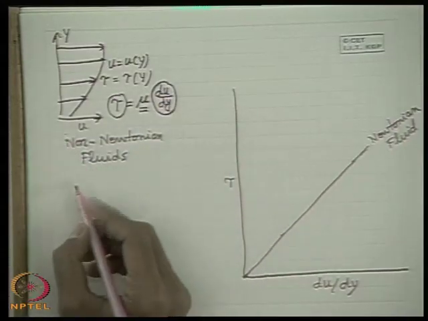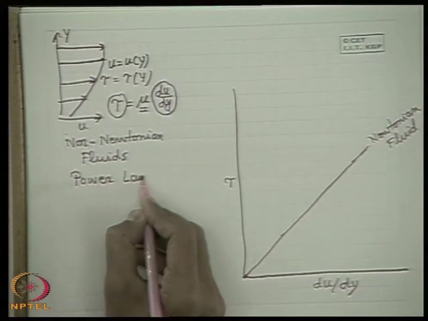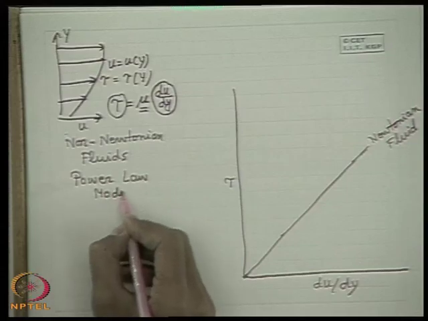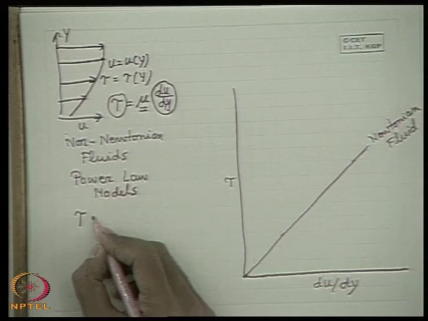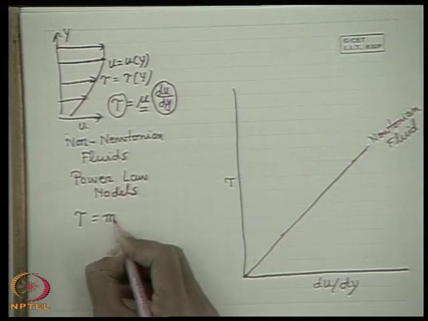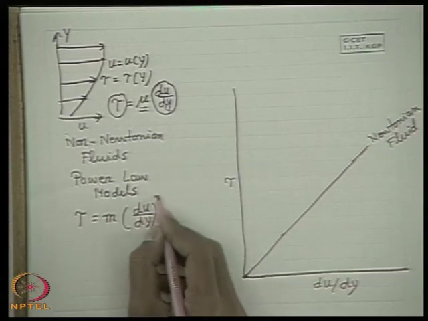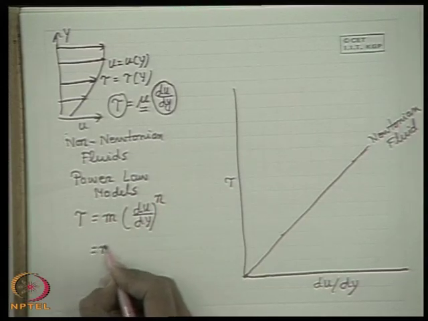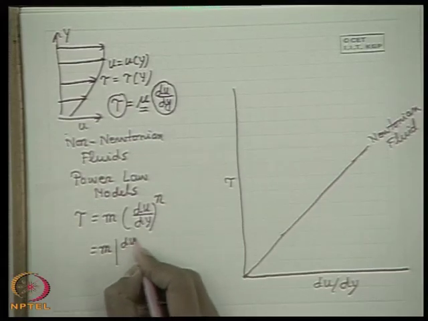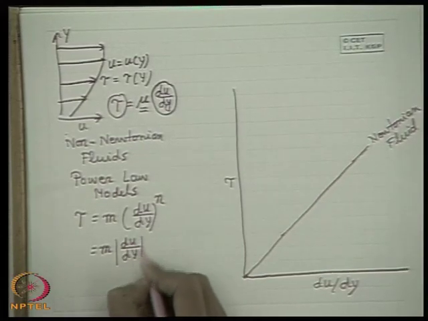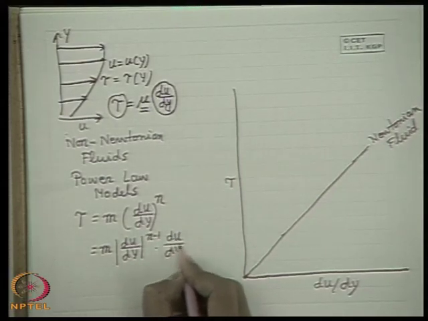So we discussed a very simple power law model for a class of fluids, in which the relationship between tau and du/dy bears a power law type relation, that means m into (du/dy) to the power n, or we expressed it a little differently: m into |du/dy| to the power n minus 1 into du/dy, to give the sign of tau with du/dy.